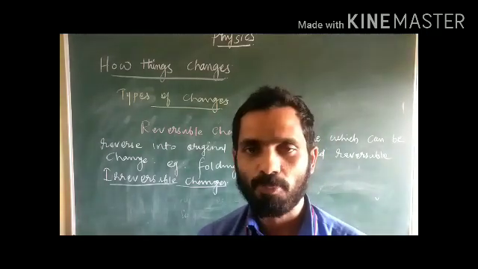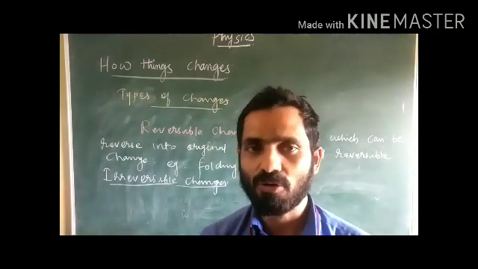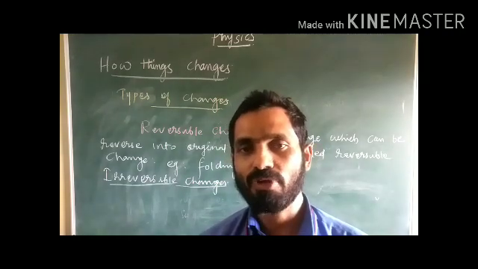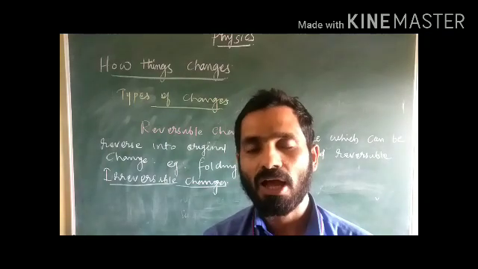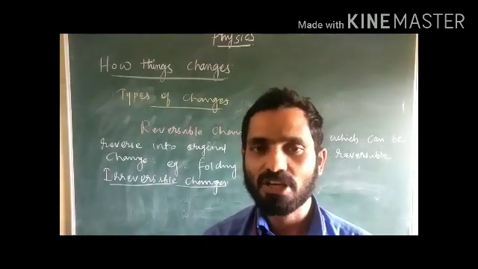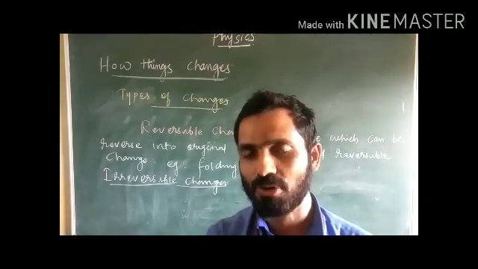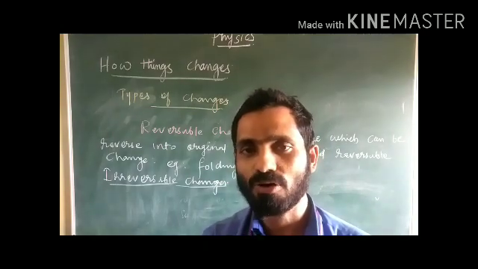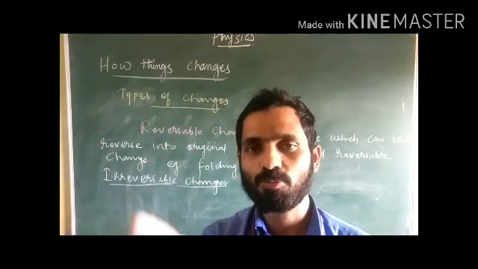Once you burn the paper, that is forever. We cannot convert ash into the paper. We can burn a paper, and after the burning you are getting ash. Ash we cannot convert into the paper because that is an irreversible change.